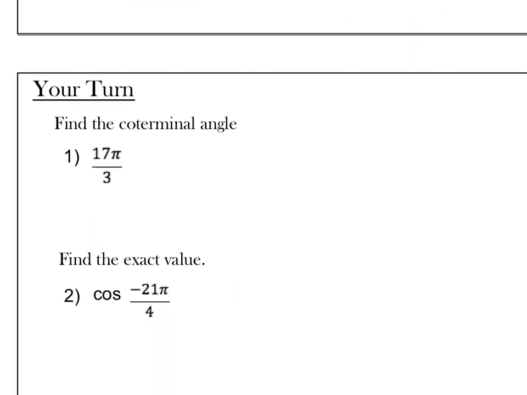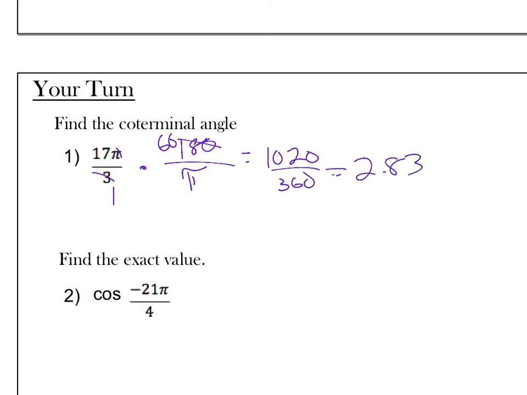So if you find the coterminal angle, 17 pi over 3, multiply that times 180 over pi. Pi's cancel out. So you get 1020. So divide that by 360, you get 2.83 repeating. So that means 2 rotations.